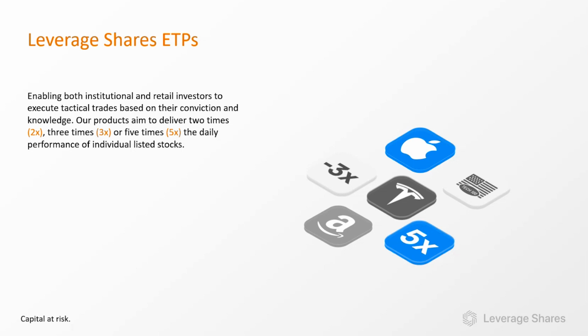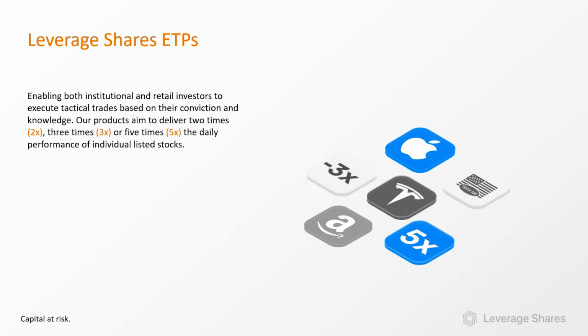Our goal is to enable both institutional and retail investors to execute tactical trades based on their conviction, based on their knowledge, based on their strategy for their portfolio. And our products aim to deliver 2 times, 3 times, or 5 times the daily performance of individual listed stocks, ETFs, themes.